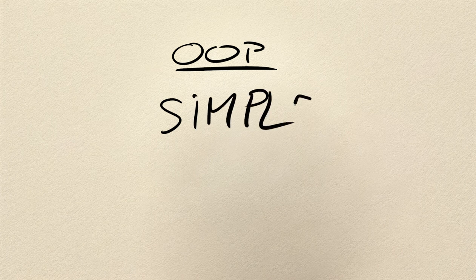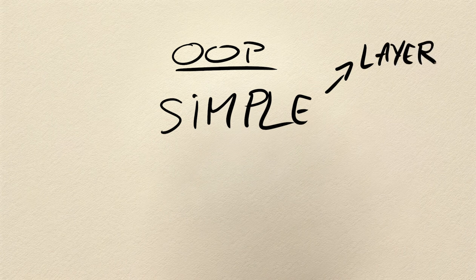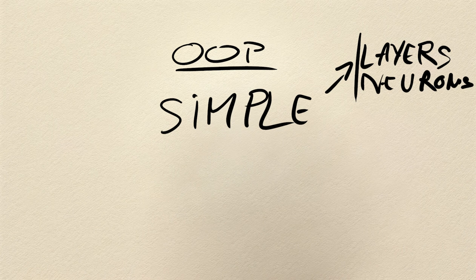All you need are very simple objects to create layers and neurons. I'm not going to get into the details of object-oriented programming, just because that's not the point of this video. But that's all you need, right?